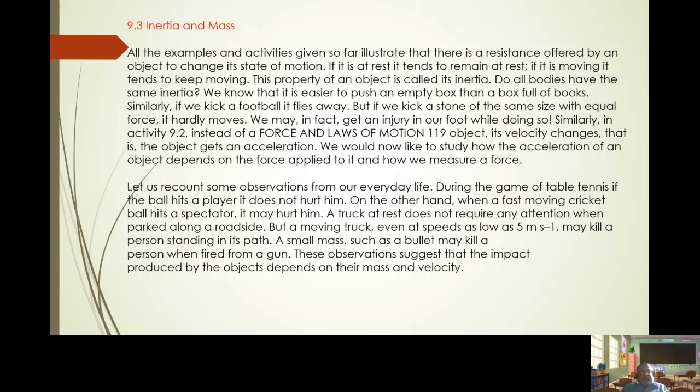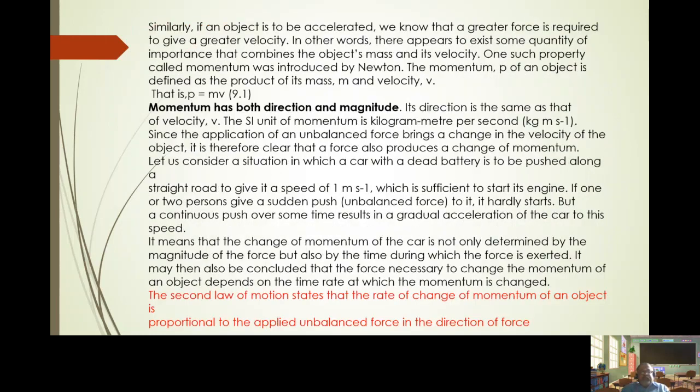Similarly, if an object is accelerated, we know that a greater force is required to give greater velocity. In other words, there appears to exist some quantity of importance that combines the object's mass and its velocity. One such property called momentum was introduced by Newton.